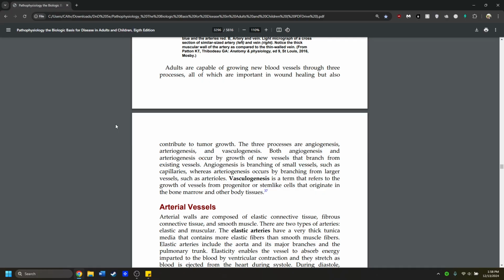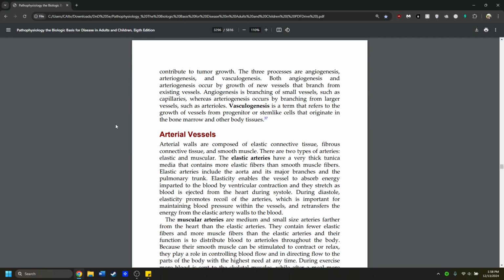Angiogenesis is branching of small vessels, such as capillaries, whereas arteriogenesis occurs by branching from larger vessels, such as arterioles. Vasculogenesis is a term that refers to the growth of vessels from progenitor or stem-like cells that originate in the bone marrow and other body tissues.